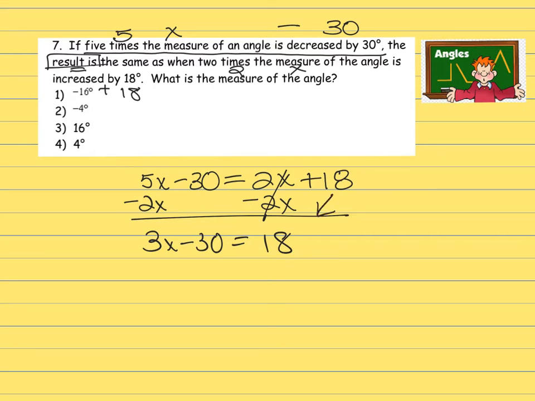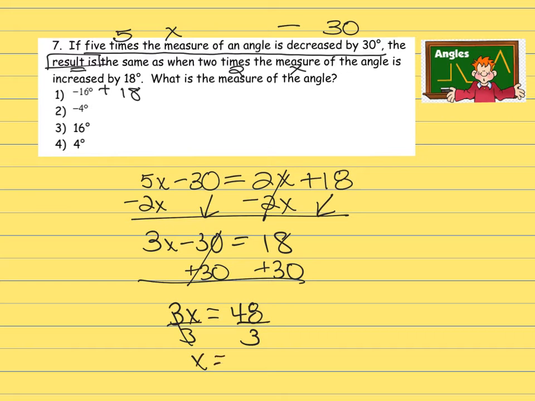Now I have a 2-step equation, so I'm going to reverse the operation in order to isolate x. Then I divide out the 3. So the measure of the angle, which is the solution for x, is 16 degrees.